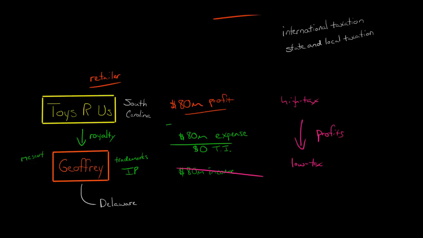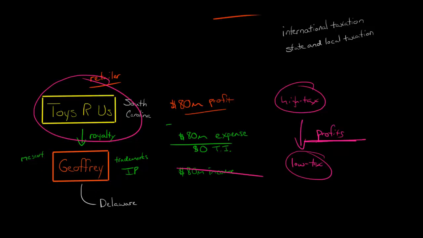In this case, Toys R Us was hoping to avoid any tax at all, right? I think the royalty expense was like 1% of their revenues or something like that. I can't remember the exact details, but the idea is they're trying to go from a high tax jurisdiction to a low tax jurisdiction. They're shifting the profits, but you can see this is just on paper.